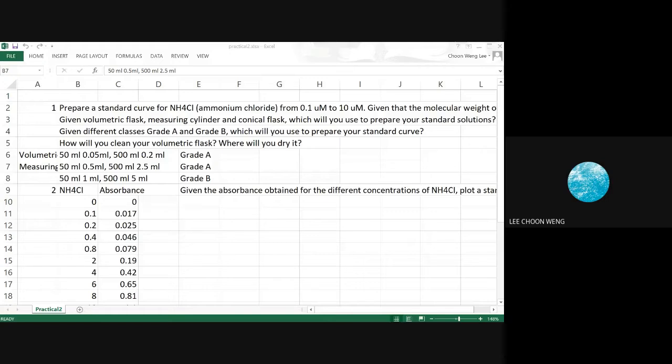I've also mentioned previously whether a single beam or a dual beam or split beam, all this will affect the stability of the machines, the stability of your measurements. Of course, dual beam or split beam, where you have a reference cell, will always be better than a single beam.